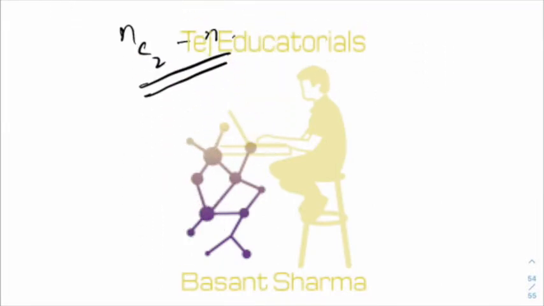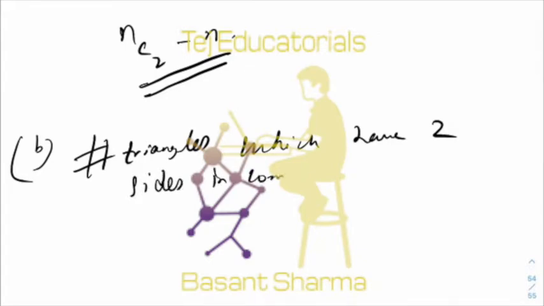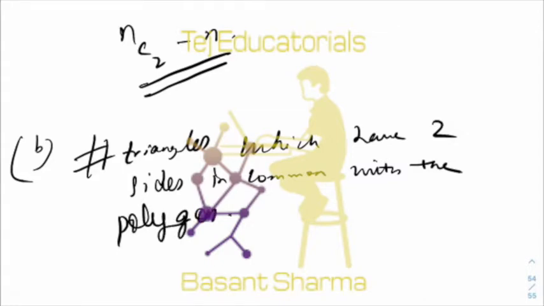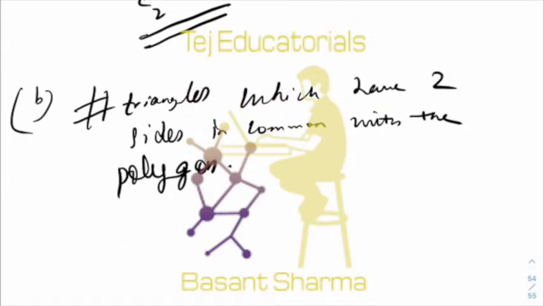Now if I ask you the B part, the number of triangles which have 2 sides in common with the polygon. Now it is clear that we need to select 3 consecutive vertices.